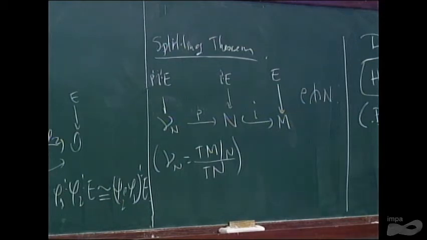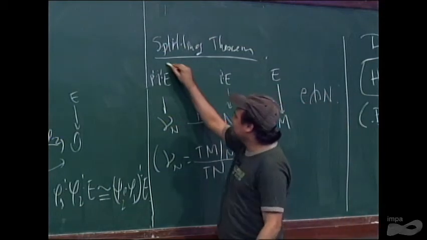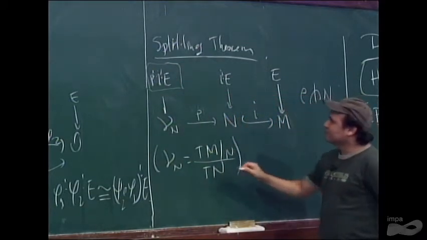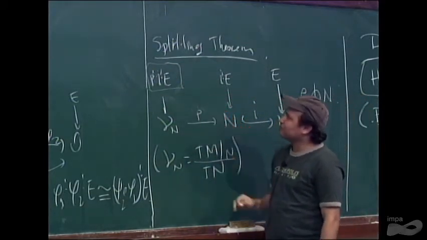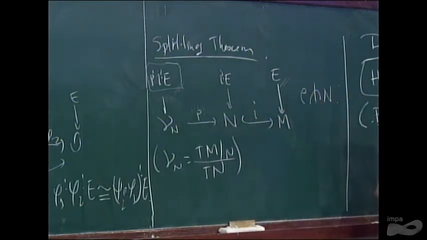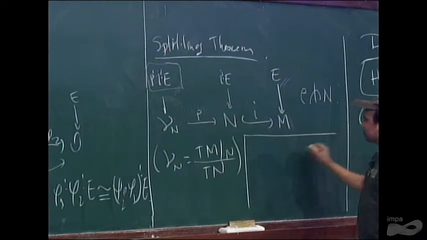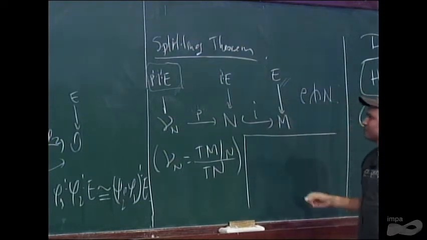Our splitting theorem, in the way we understand, would be to find some isomorphism between this vector bundle here and this open sub-bundle here. So let me say exactly what I mean. What's our splitting theorem?